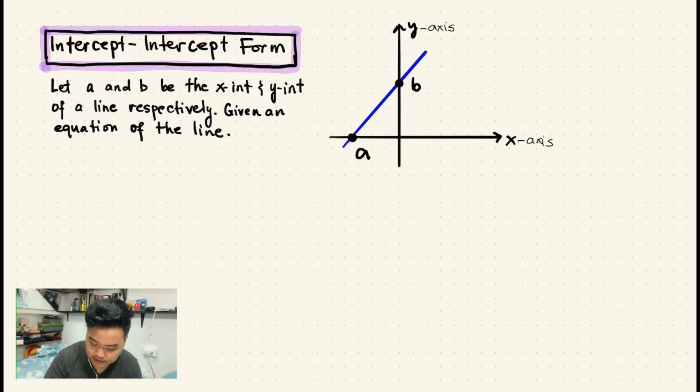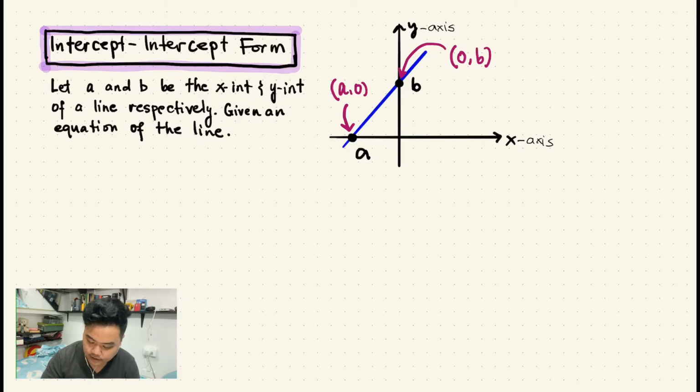Okay, so kunin natin yung slope. Pero first, anong ibig sabihin ng mga points na ito? For the x-intercept a, that is the point (a, 0), kasi nasa x-axis siya, so the y-coordinate is 0. Eto naman si b, nasa y-axis siya, so the x-coordinate is 0. And we can now compute for the slope.